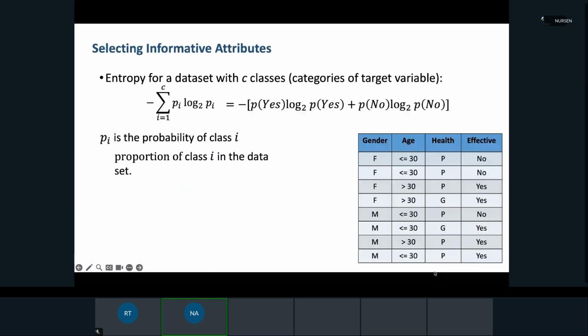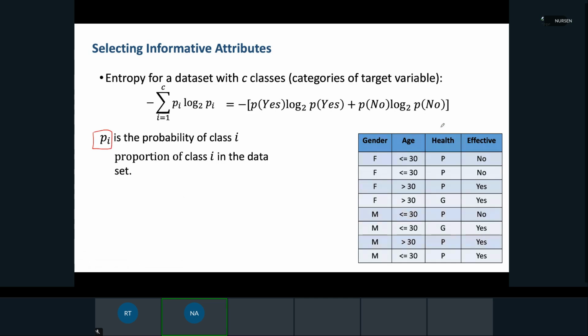So this is the formulation. Don't be scared about the formulation. It has a very, very easy meaning. So let me discuss it. First of all, Pi is the probability of class i. That means the proportion of class i in the data set.